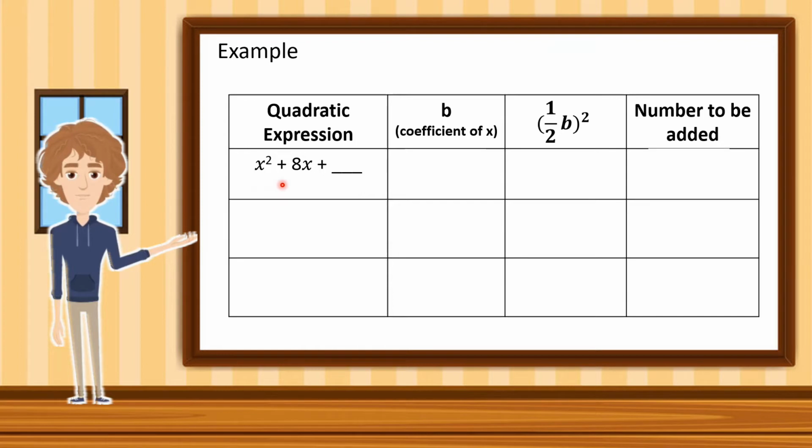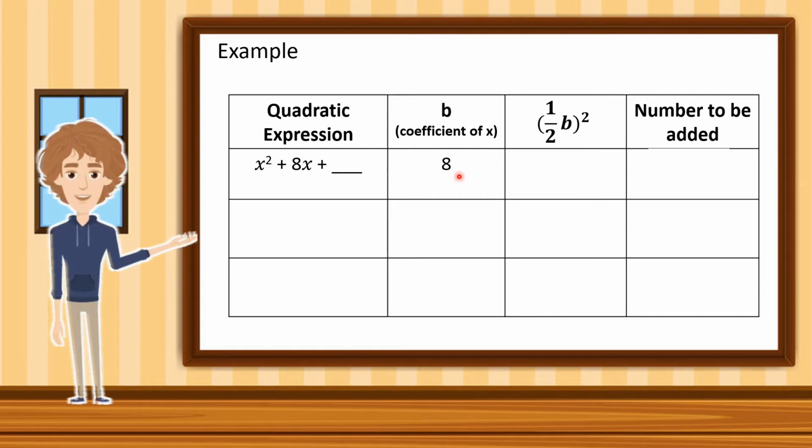The first step is to determine the coefficient of x, or the b. The coefficient of x is the number beside x, which is 8. Therefore, the coefficient of x is 8.